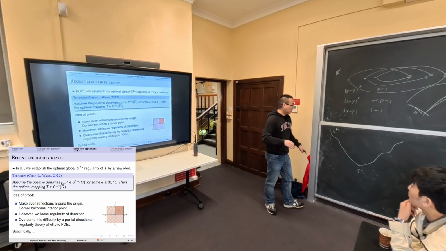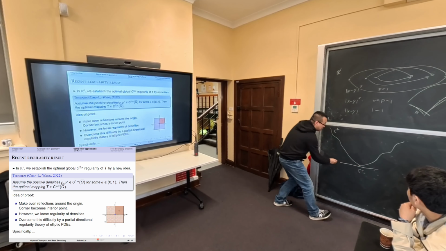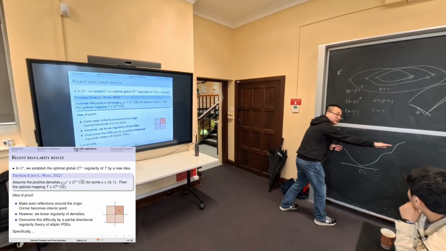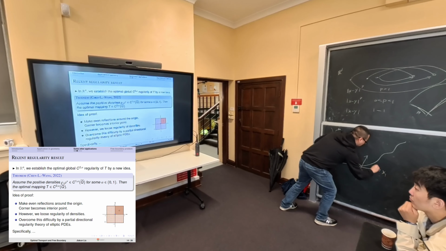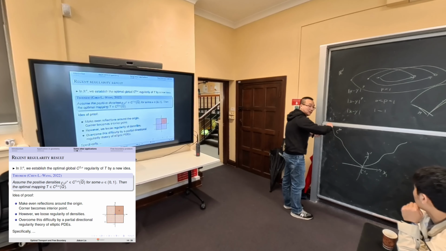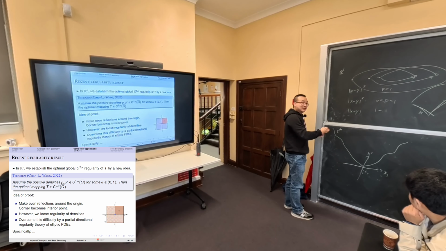However, if you look at this more carefully, you realize you did not lose too much. You only lose the regularity along one direction. Here this is x1, and this is x prime. You only lose regularity along the x1 direction when you do the even reflection. Along all other directions, it's still smooth.